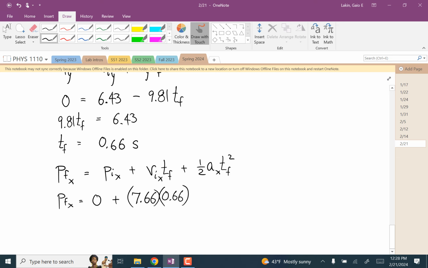And then be careful with this one, because we're used to, in free fall problems, putting the acceleration as negative 9.81, but this is the x component of acceleration, so what's this? 0, and 0 times anything is 0, so this whole term goes away. And so we get that PFX is equal to 5.02.